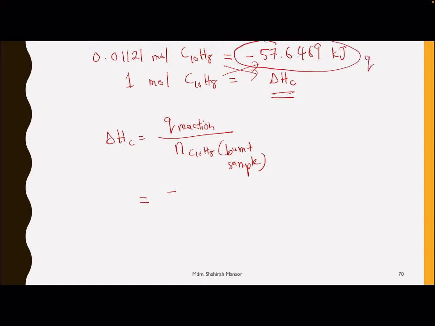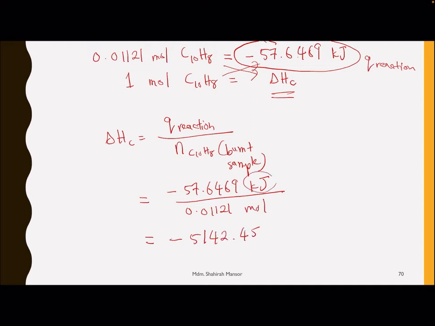Now, by substituting the values, the whole part here is the Q reaction, the one with negative. So Q reaction will be negative 57.6469 kilojoule divided by 0.01121 mole. So you will get the answer in kilojoule per mole.